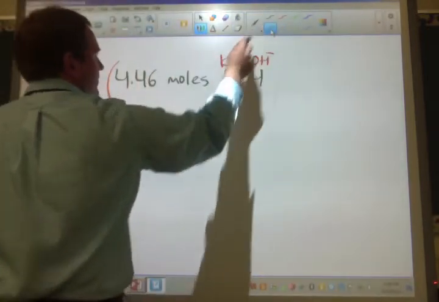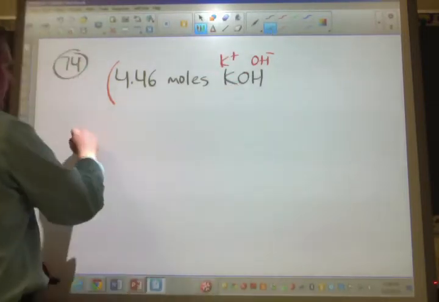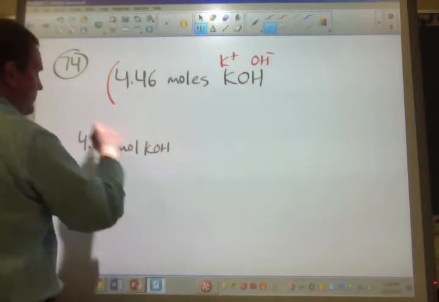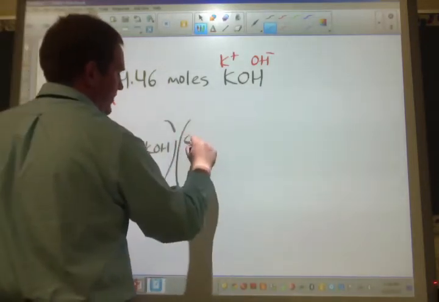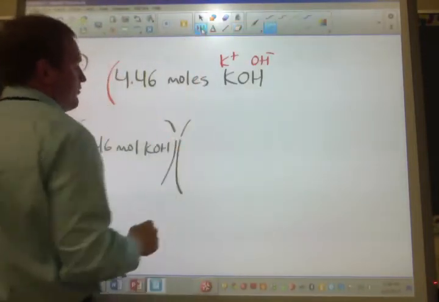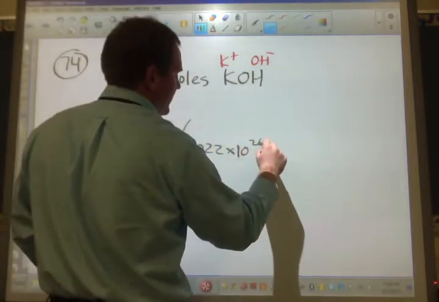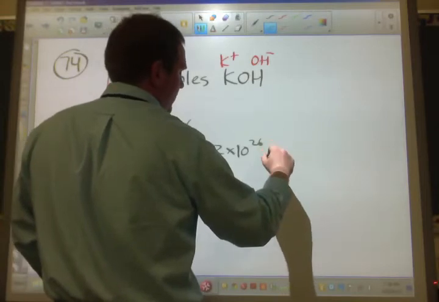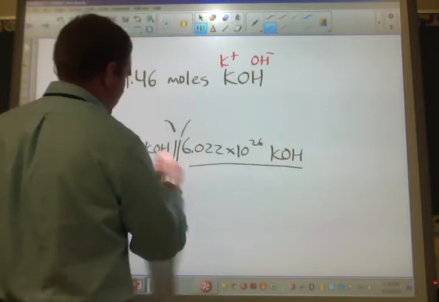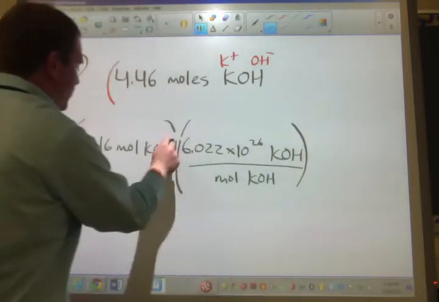So let's turn this into how many formula units I have, or if this were an atom, how many atoms. So we're going to say 4.46 moles of KOH times Avogadro's number, 6.022 times 10 to the 23rd KOH units per mole of KOH. Moles of KOH cancel.